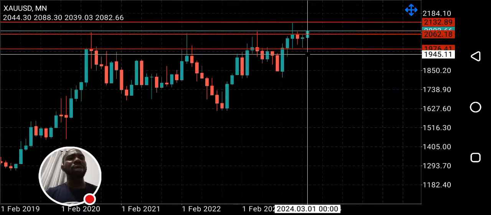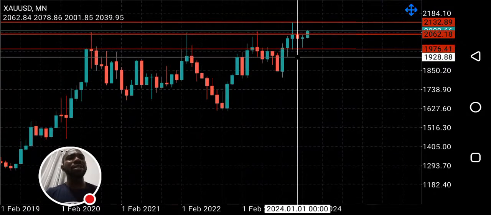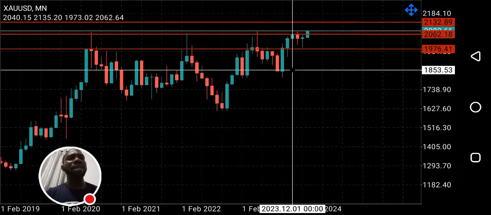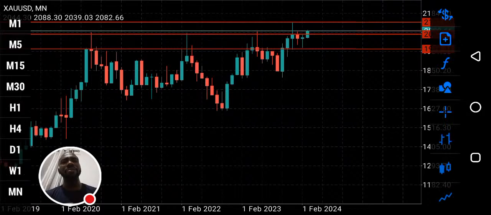That tells me that demand is higher than supply, and when demand is higher than supply, there is a high probability for price to go up. So with the pattern we have on gold on the monthly time frame, gold is bullish. Okay, gold is bullish. So let's go down to weekly time frame.